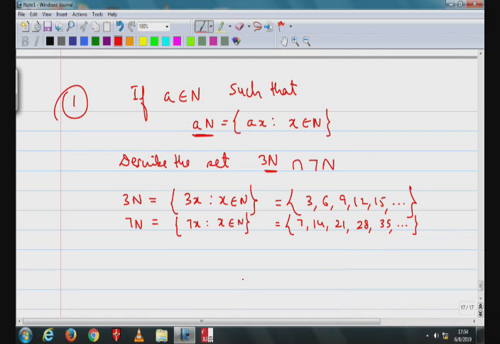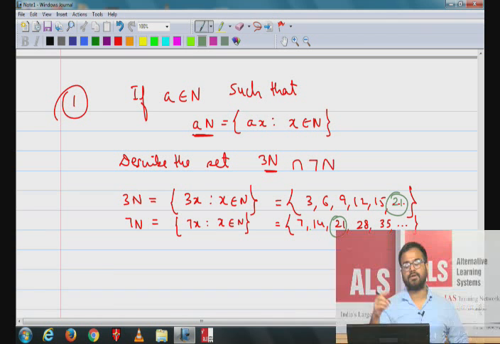Now since we are taking the intersection of both of them, intersection means we have to figure out the common terms in both of them. So the common terms you can see here, it will be 21. So the first element is 21, and the second element which is common to both of them would be 42, which appears in the table of 3 and in the table of 7. So basically the LCM of 7 and 3 is 21. So 21 is common, then 42 is common.